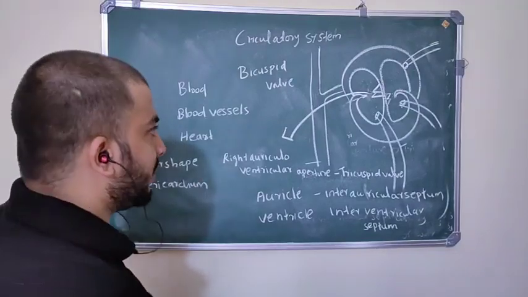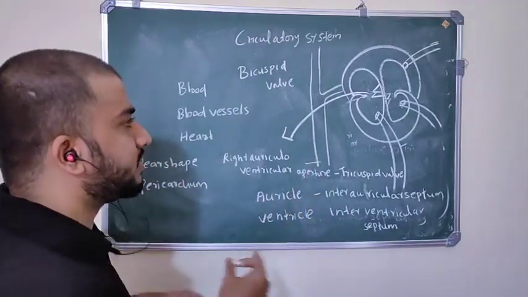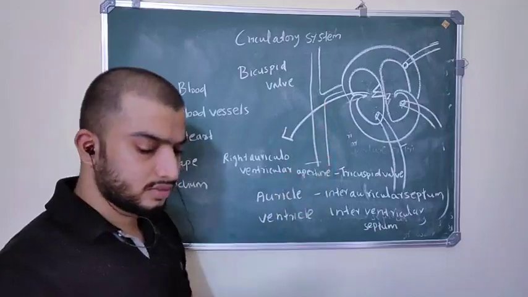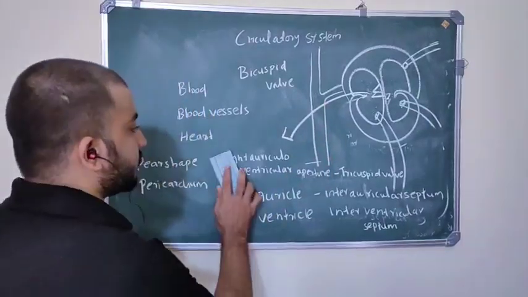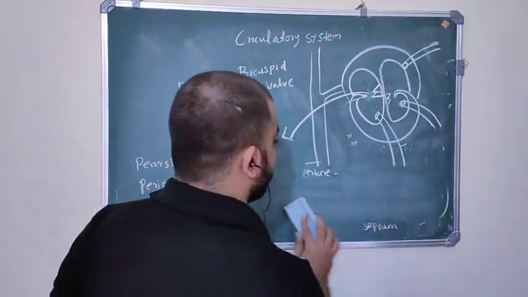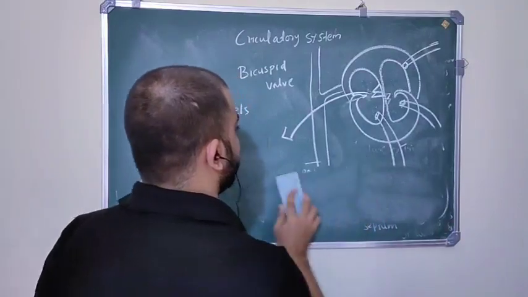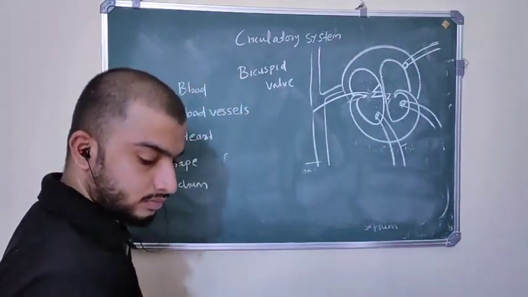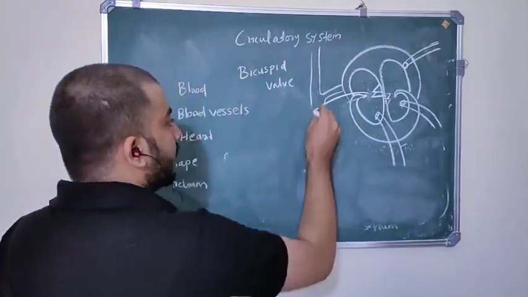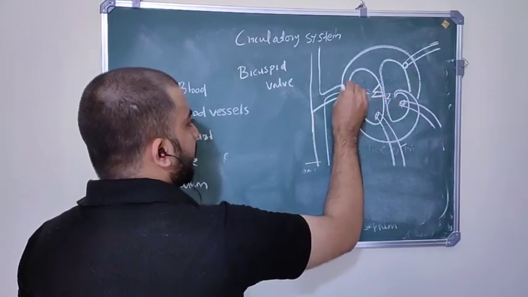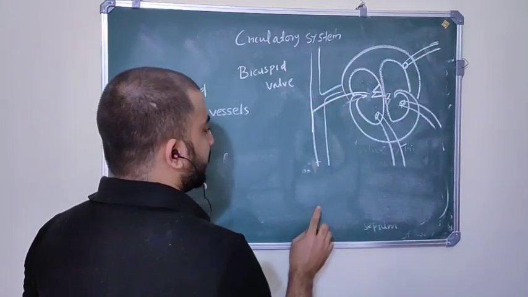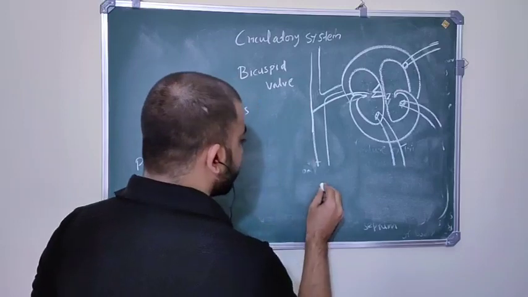Then next, let's check what blood vessels are connected to this heart. The right auricle is connected with two blood vessels.